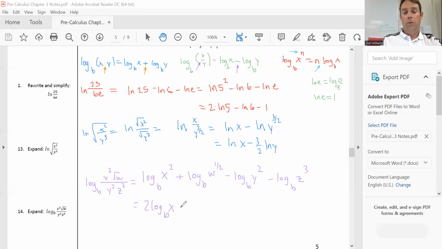So 2 log base b of x plus 1/2 log base b of w minus 2 log base b of y minus 3 log base b of z. So these, friends, these are called expanding logs. So we took the logs and we made them bigger.